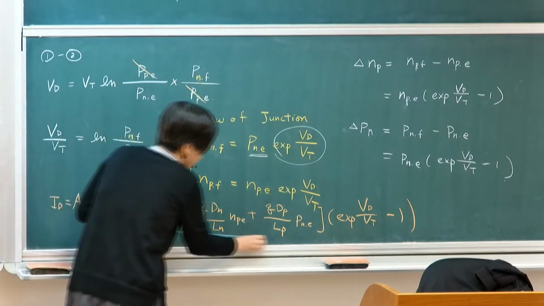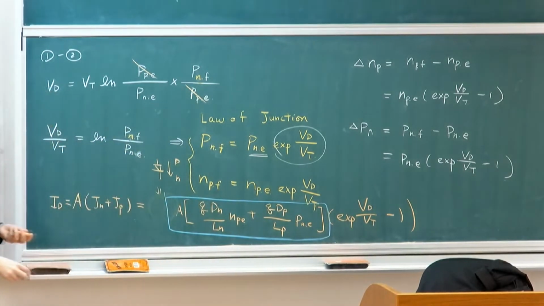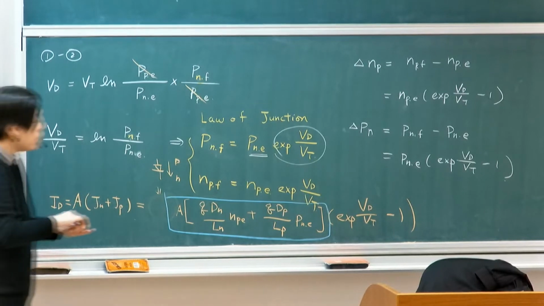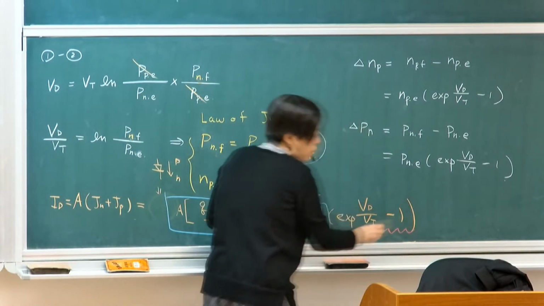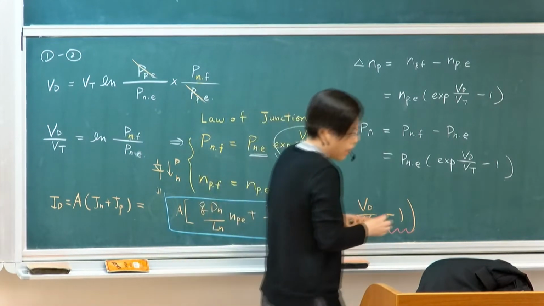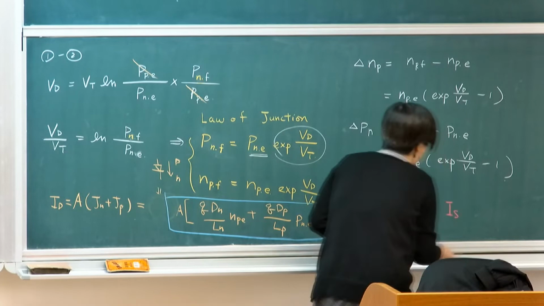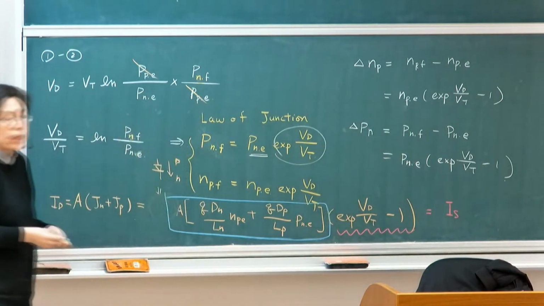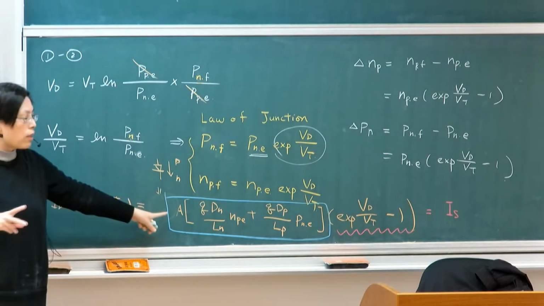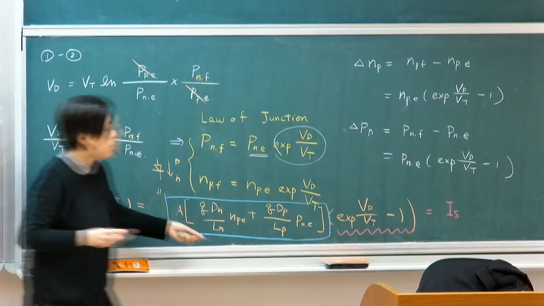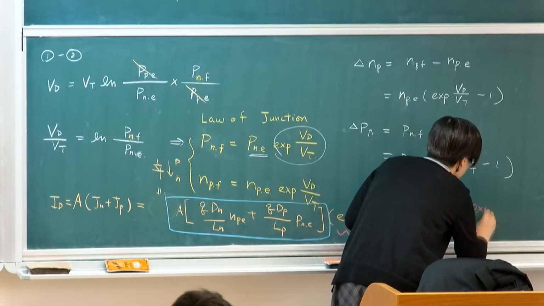This will depend on device structure, right? Everything inside will depend on device structure. The rest will depend on voltage. So it can be summed up as a constant, which will depend on doping concentrations, cross-sectional area, that sort of thing, material, and then finally exponential.